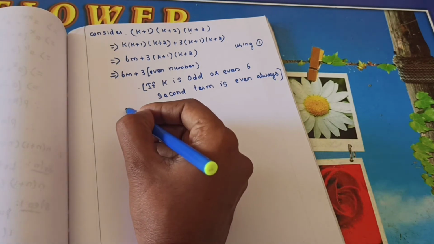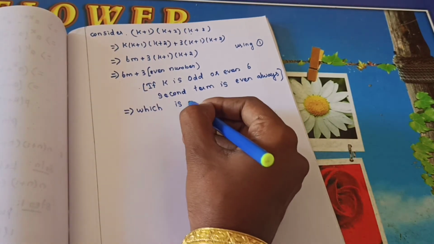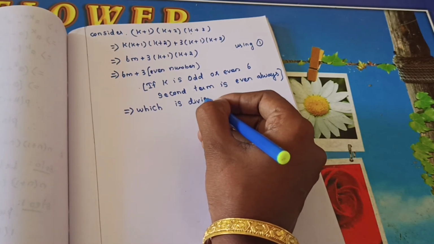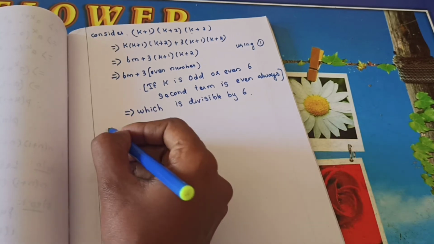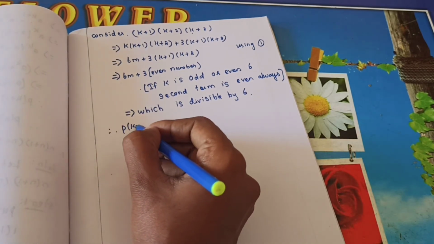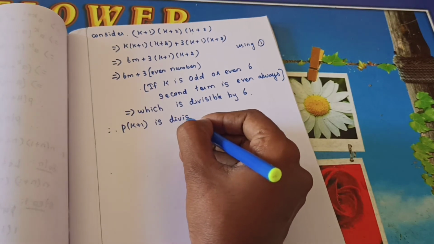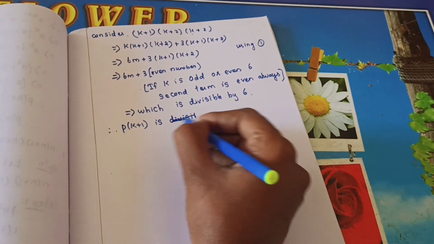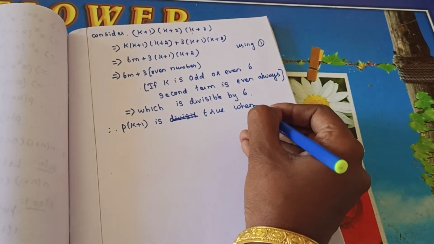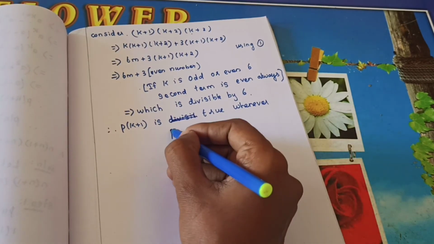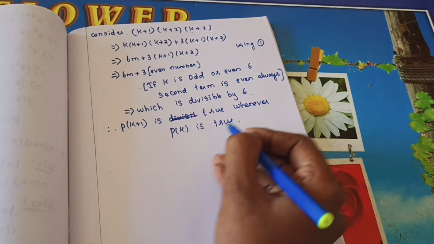Understand? So which implies it is divisible by 6. Therefore, we will conclude the answer: P of k plus 1 is true whenever P of k is true.